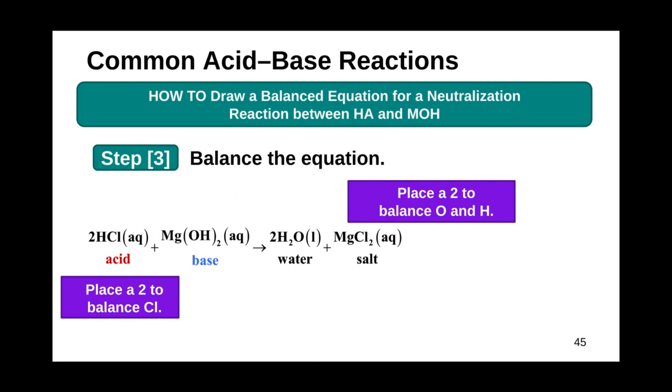In this case, we would need 2 moles of hydrochloric acid for every mole of magnesium hydroxide, which on the other side would produce 2 moles of water and 1 mole of magnesium chloride. Or you can think of it as 2 molecules, 1 molecule, 2 molecules, 1 molecule. It doesn't really matter how you think about it, but it's all got to be equal proportions. We've got to balance the number of molecules on this side with the molecules on this side as well.